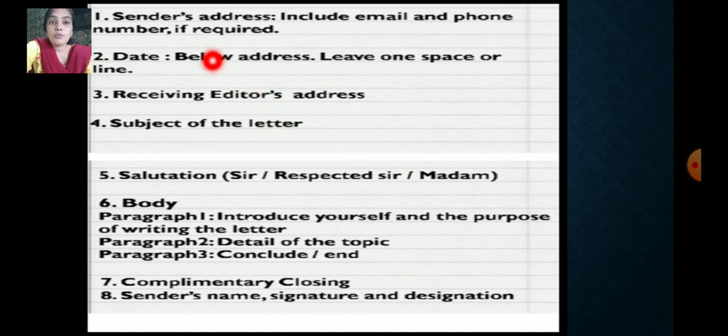So first one is sender's address, date, then receiving editor's address, subject of the letter, salutation, that is sir, respected sir or madam, then the body, it is divided into 3 parts, introduction, the details of the topic and the conclusion, and the complimentary closing, and the sender's name, signature and designation. So got it, children? Yes.